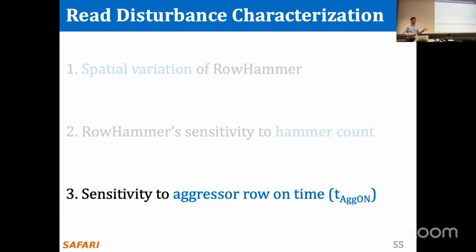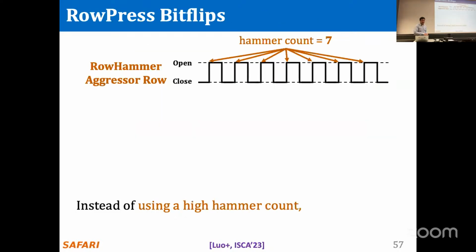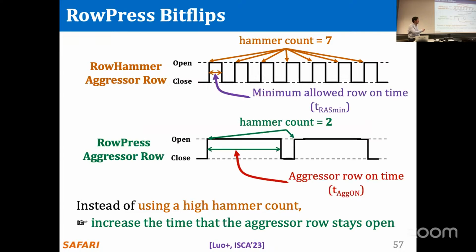Lastly, we will look at how read-disturbance changes with the amount of time the row remains open. This is the RowPress analysis, basically. As I described earlier, if we activate an aggressor row many times, we can accelerate the charge leakage to a point of failure. In contrast, RowPress, instead of a high activation count, increases the time a row stays open.